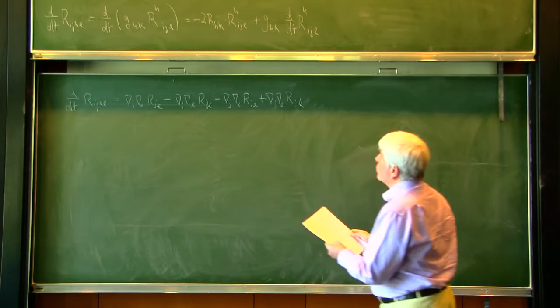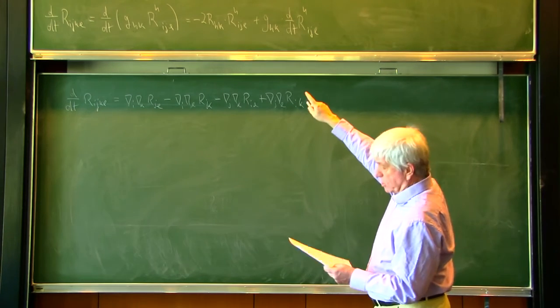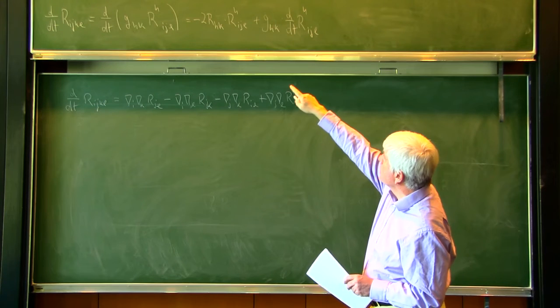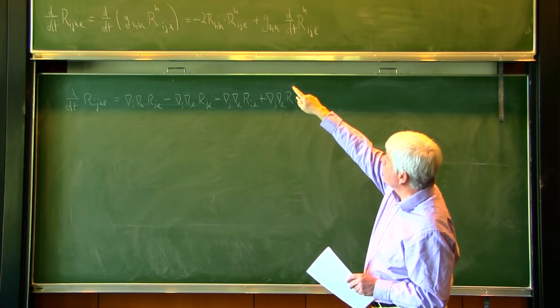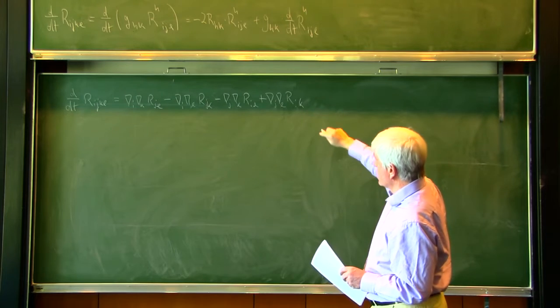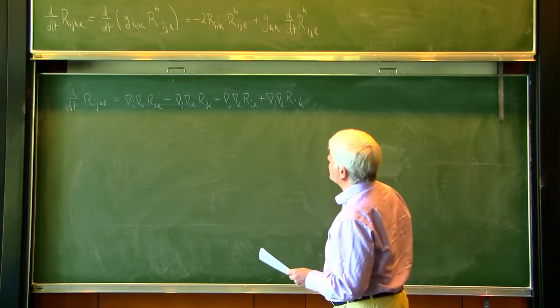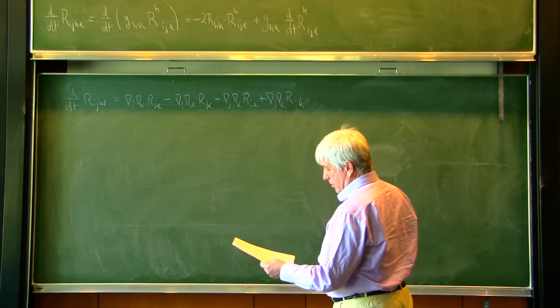And then when you collect the commutator terms, you get two commutator terms because there are two indices involved from the previous line, and one term that came from the derivative of the metric.